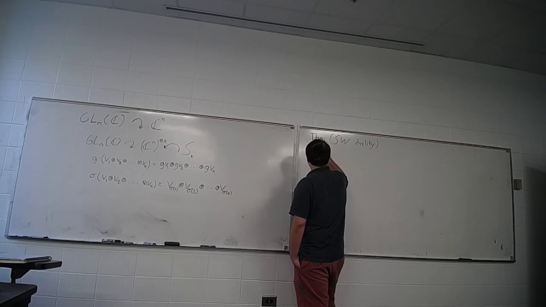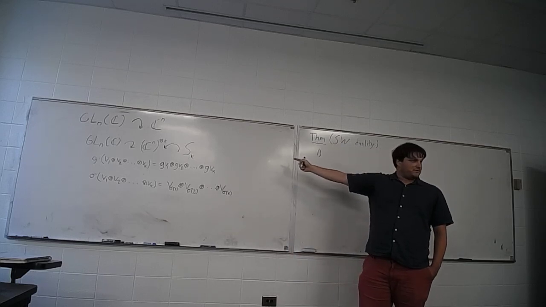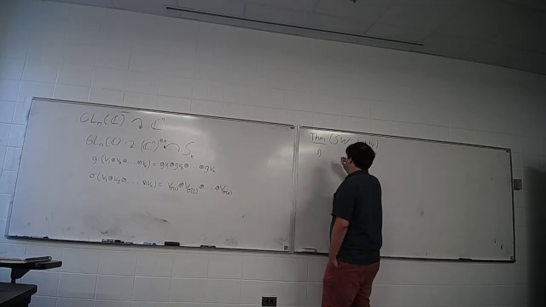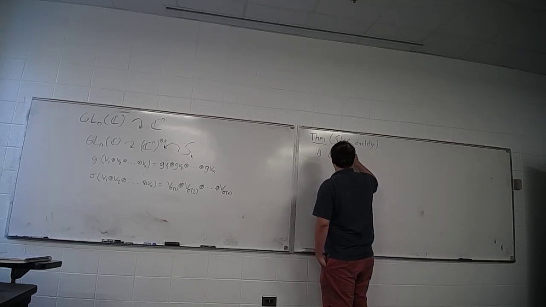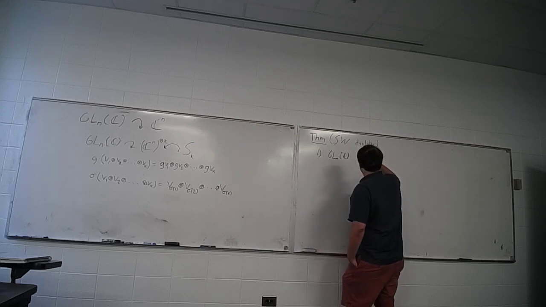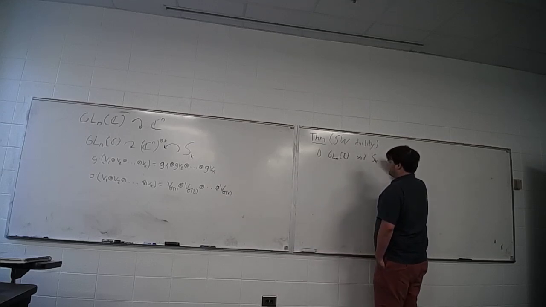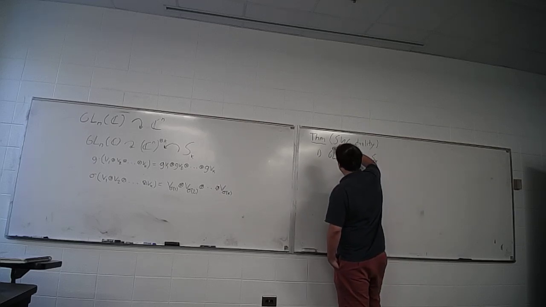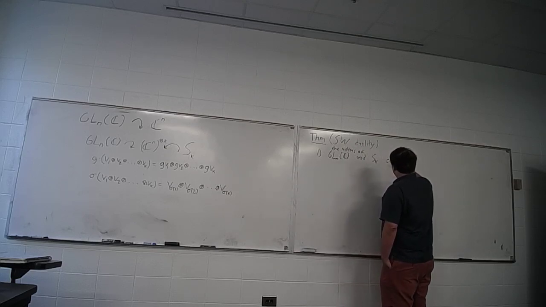The easy part is that these two actions commute with each other. You can just see that. So the actions of GL_n(C) and S_k commute. But it's stronger than that. It's not just that they commute, it's that they are each other's centralizers, essentially.